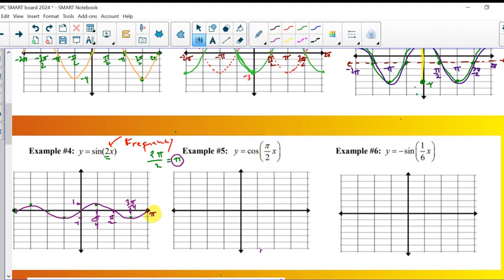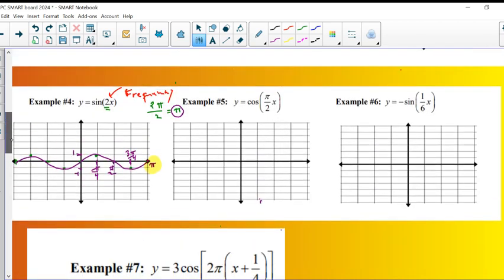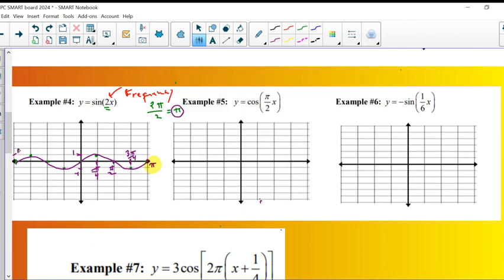We'll label this as negative pi, and then that's a quadrant, and then this could be negative pi over 2. And so even though it's going twice as fast, we only have to write one period on one side and show one period on the other.